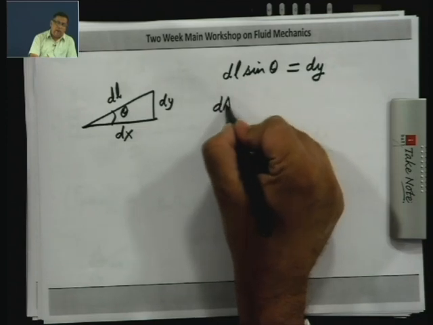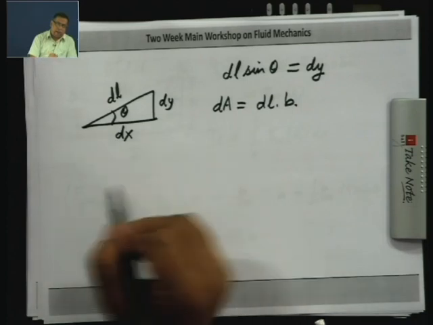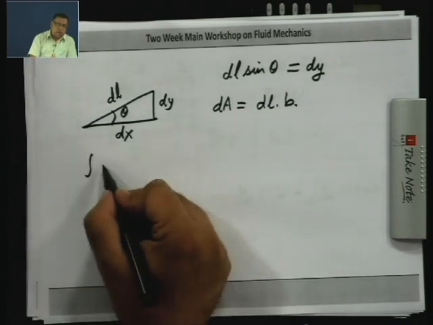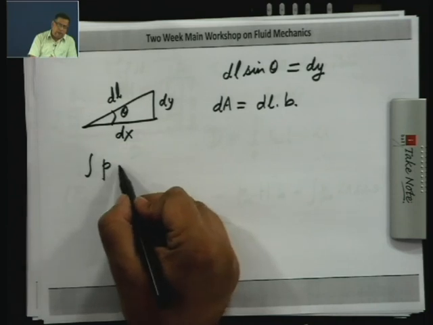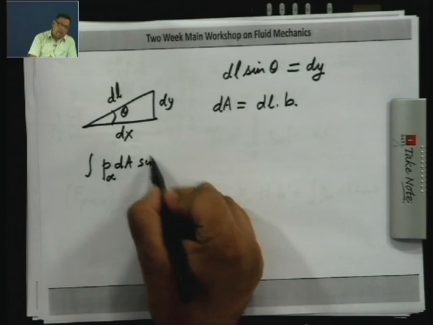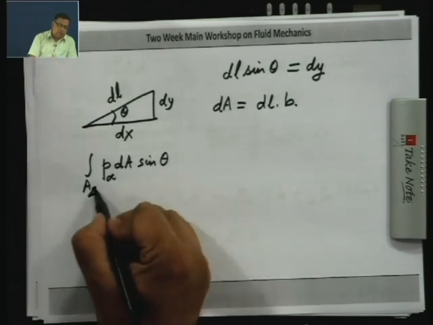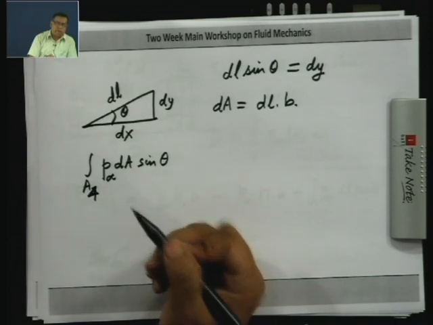Now, dA is dl into B. So, let us look at this term, integral of P infinity dA sin theta over the surface A4, which is the curved stream surface.